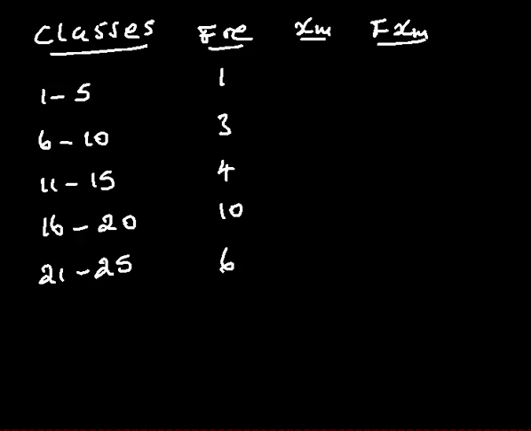So in this case, for the first class, this is the lower value and this is the upper value. So 1 plus 5, that is 6, divided by 2, we have it as 3. And the 3 times the frequency, which is given as 3. And then 6 plus 10, that is 16, divided by 2, that is 8.